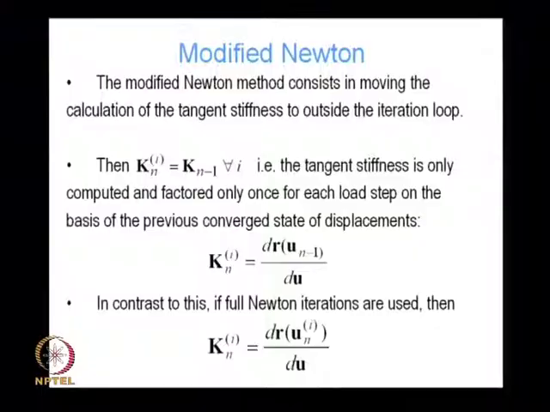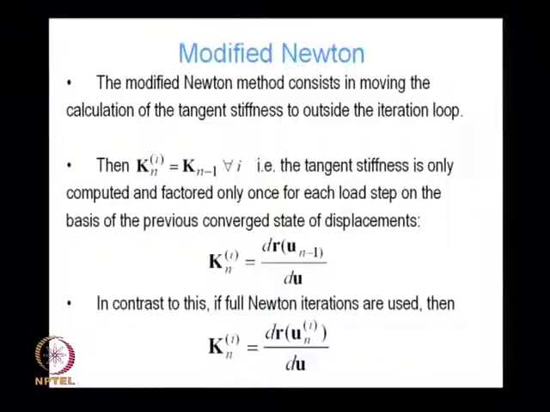I am going to use the same tangent to compute my update. So, that's what it means by saying that I am going to move the calculation of the tangent stiffness to outside the iteration loop. So, before I start iterating, I compute my tangent, but within the iteration loop my tangent does not change, it remains constant.